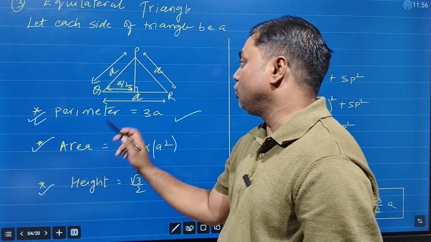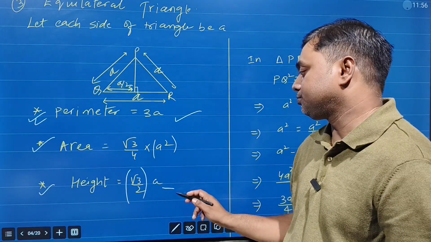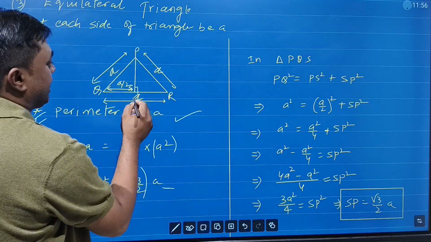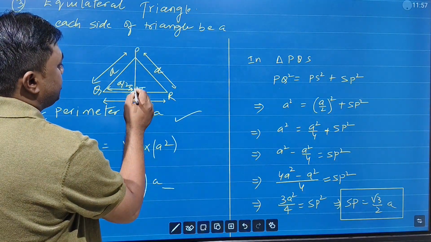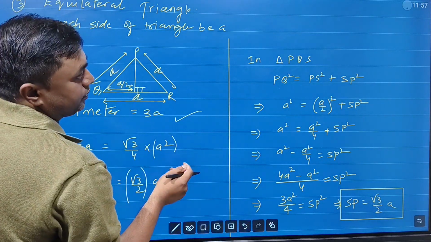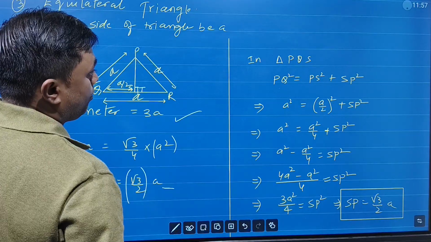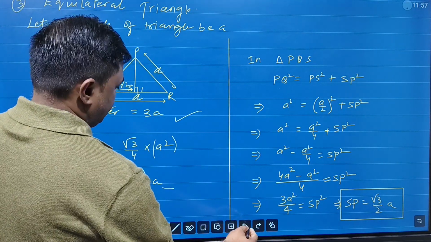Whereas if you want to find the height, height is root 3 by 2 A. To find the height, try to understand, PQR is a triangle. You can draw one perpendicular PS to this side.